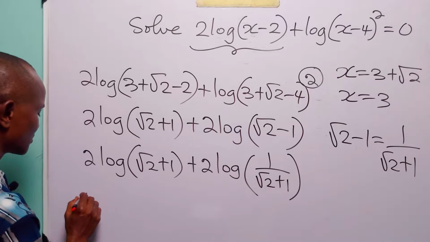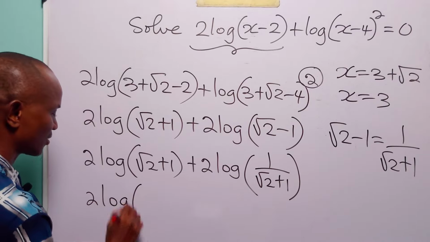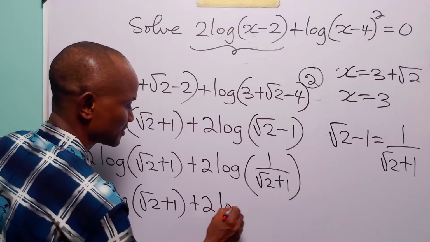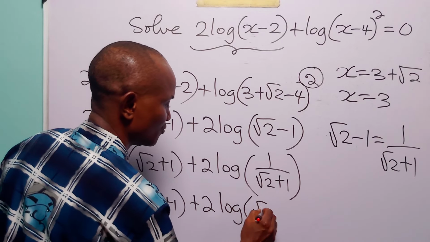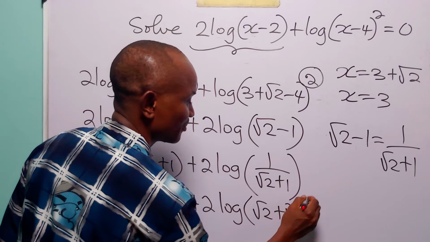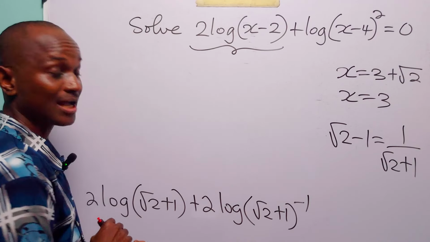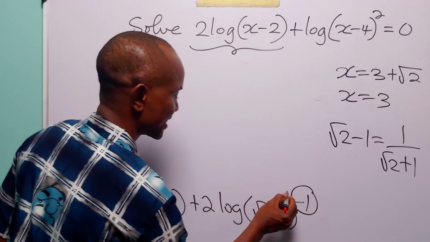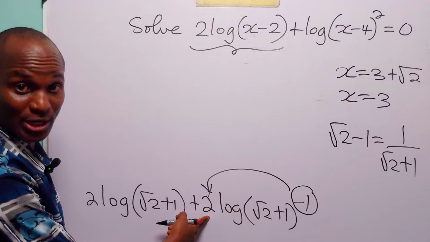So this is equal to 2 times log root 2 plus 1 plus 2 times log root 2 plus 1 to the power minus 1. And once more, we apply the power rule. We bring down this exponent to the front to join this one.